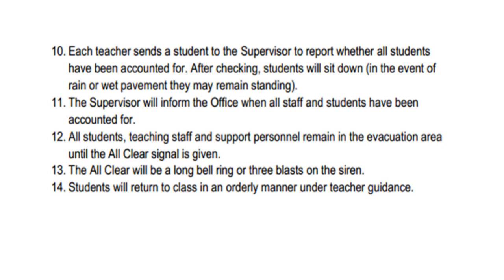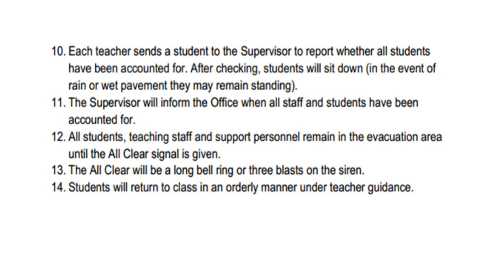All students, teaching staff and support personnel remain in the evacuation area until the all clear signal is given. The all clear will be a long bell ring or 3 blasts on the siren. Students will return to class in an orderly manner under teacher guidance.